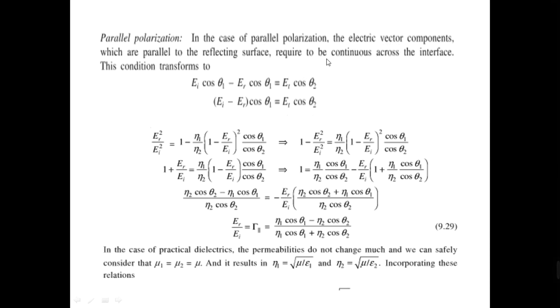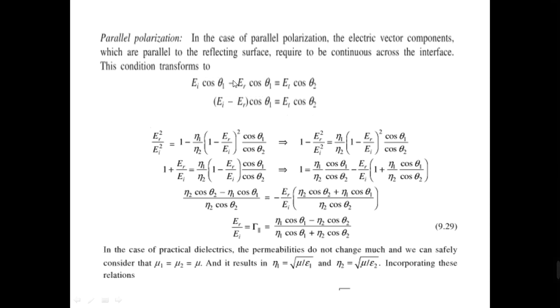So the tangential component across the boundary in medium 1 becomes EI cos theta I plus ER cos theta I. So in this notation, instead of theta I, the angle of incidence is taken as theta 1, and the angle of the transmitted wave is taken as theta 2. Please note this difference. And here this is the total tangential electric field component across the boundary in medium 1, EI cos theta 1 minus ER cos theta 1.